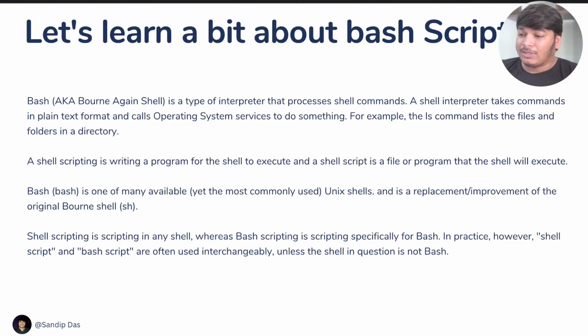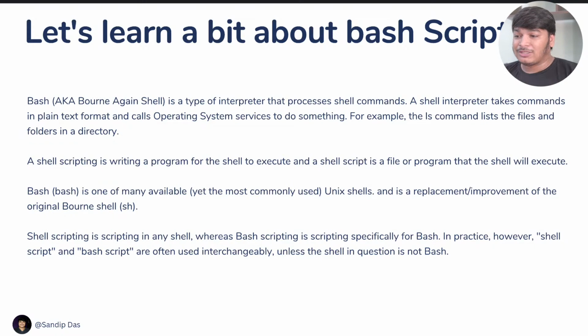Now, shell scripting is for any shell, whereas bash scripting is specifically for bash. Another very good difference: when I'm talking about shell scripts, it can be zsh, it can be ksh, or any other new shell. When you're talking about bash scripting, which we'll do today, you are specifically mentioning that we're going to use bash, the Bourne Again Shell.